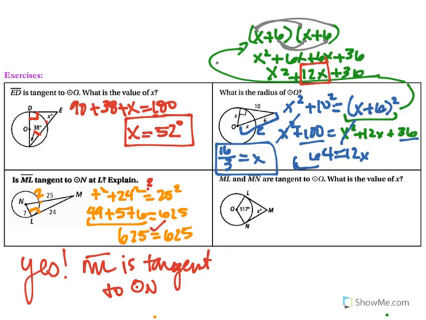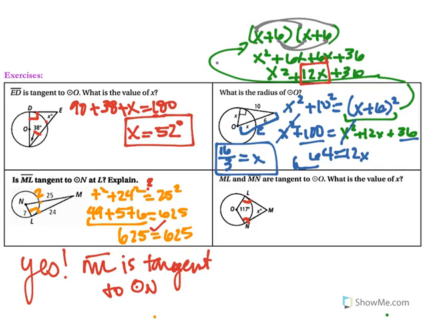All right, last one of this type. It says ML and MN are tangent. That means if they're tangent at the points L and N, we've got some right angles in here. We've got a right angle at N, and we've got one at L. I can find x pretty easily, because what should all the angles in a four-sided figure add up to be?